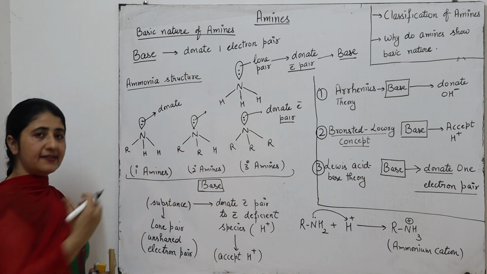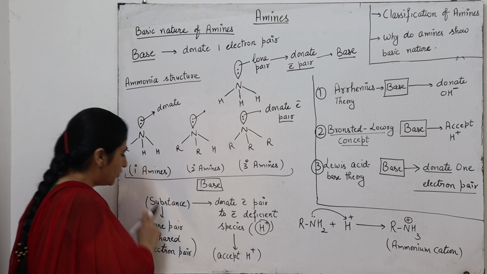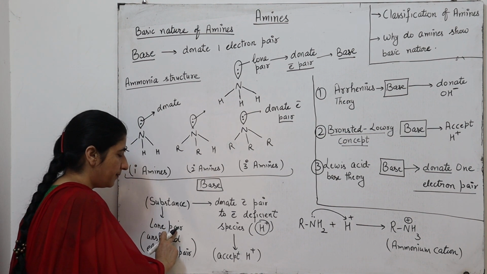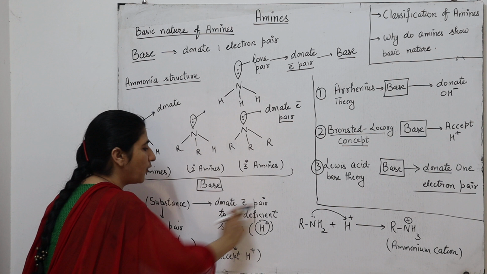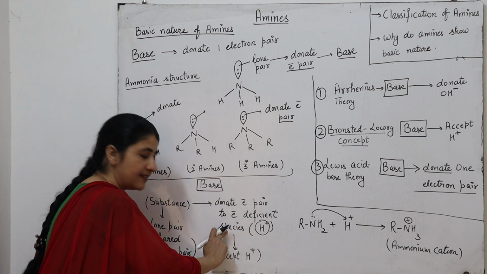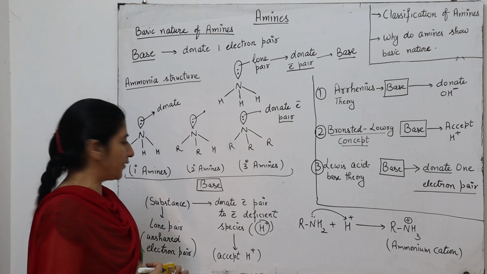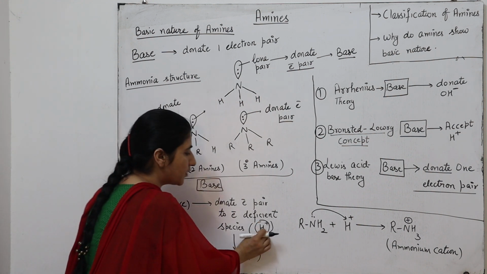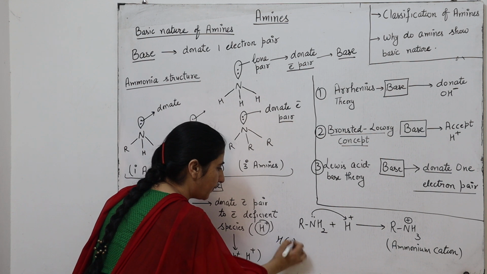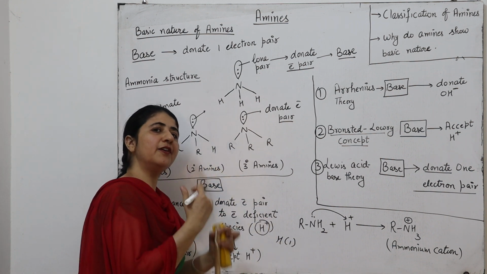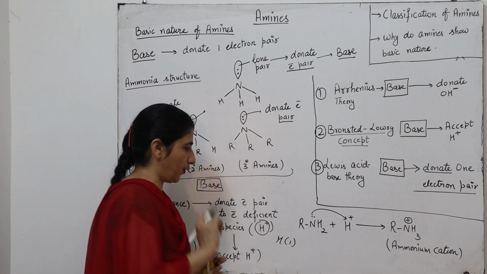In other words, a substance which has a lone pair can donate the electron pair to an electron deficient species, say H positive. Why is H positive an electron deficient species? Hydrogen has a single electron, and positive charge means it has lost that electron.